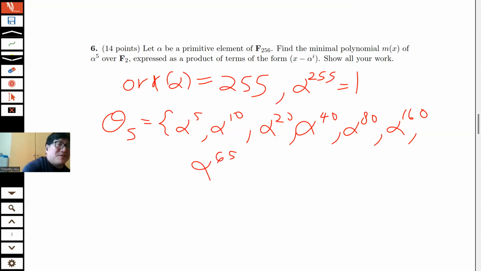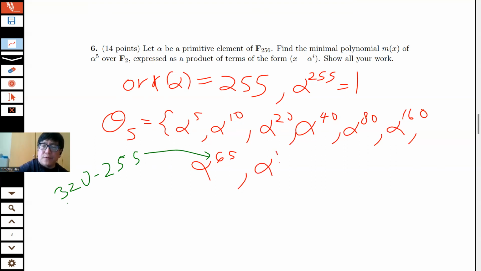Let me double check that. 320 minus 255, yeah, that's 65. So that's what goes over there. And then alpha to the 130.